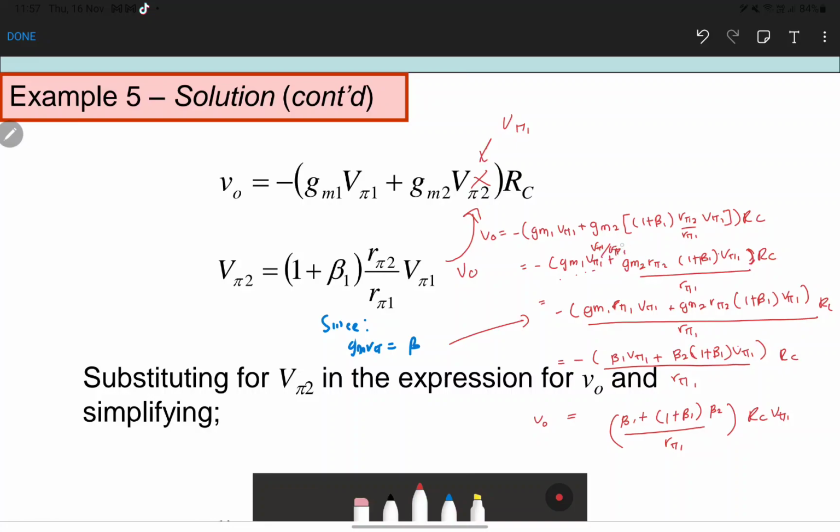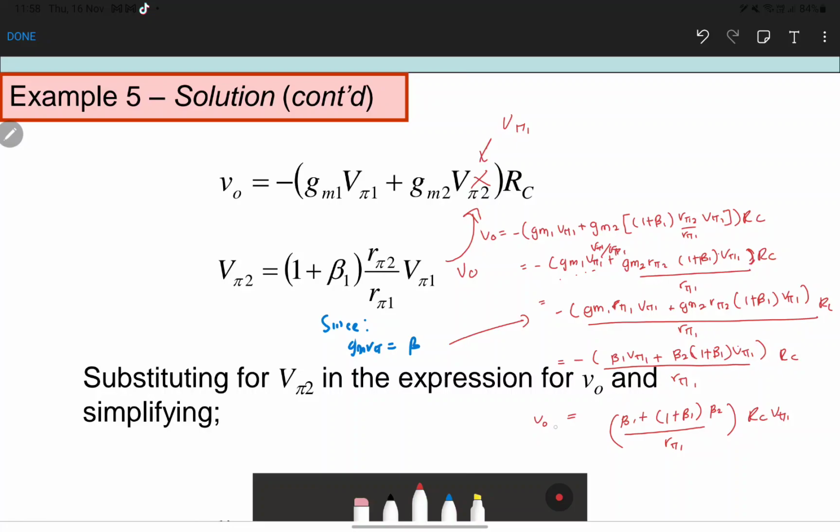It becomes gm1 R pi 1 V pi 1 plus gm2 R pi 2 times (1 plus beta 1) V pi 1 over R pi 1 times RC. Since gm R pi equals beta, gm1 R pi 1 becomes beta 1 times V pi 1 plus beta 2, and gm2 R pi 2 becomes beta 2, then times (1 plus beta 1) V pi 1 over R pi times RC.